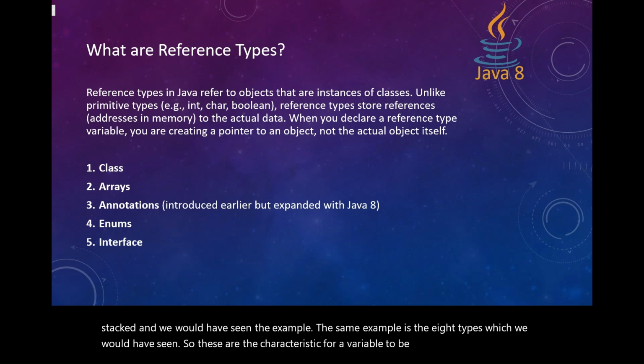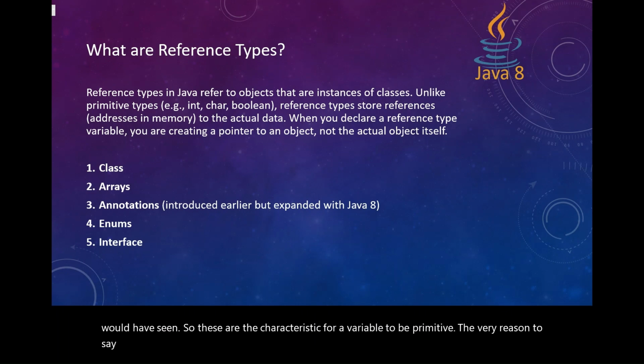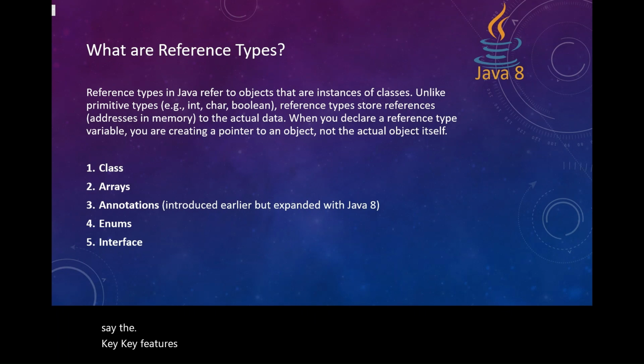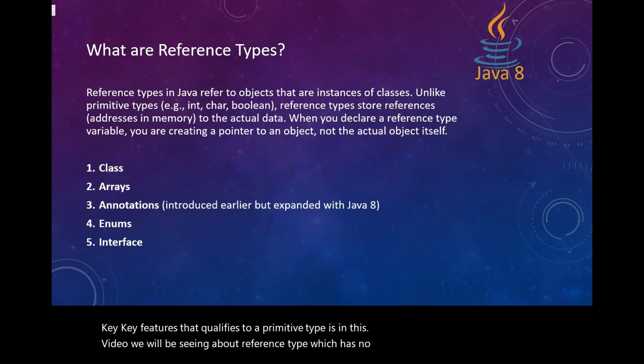Those are the key features that qualify a primitive type. In this video, we will be seeing about reference types, which have no similarity to what we spoke about for a primitive type.